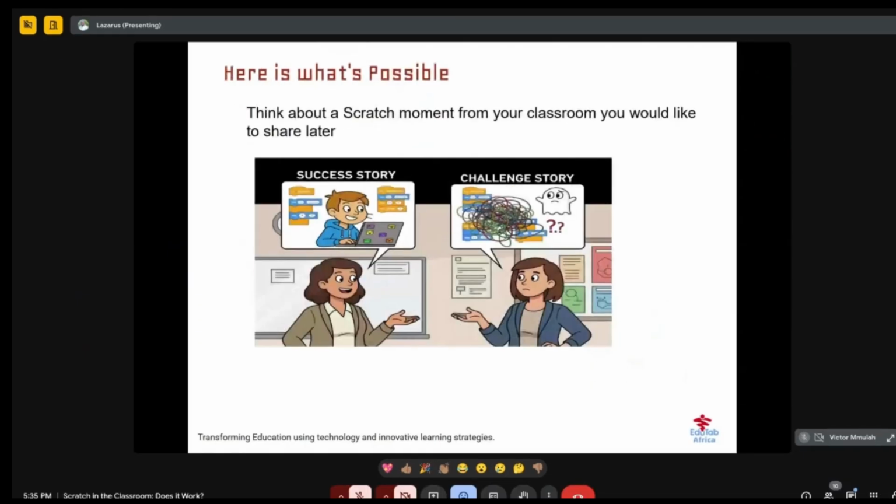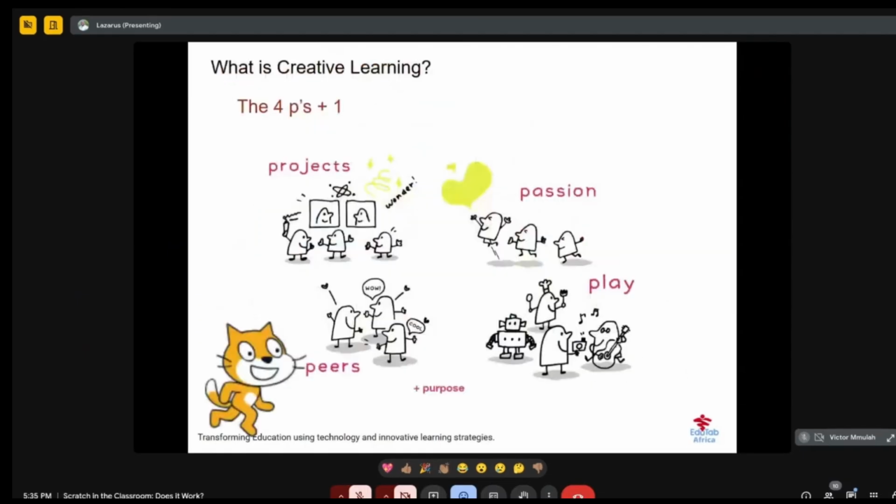There are these particular slides that I omitted at some point because I was also hoping that they would come up. And just to take the last point that Humphrey has mentioned, he's talked about passion, and how important passion is when it comes to using Scratch in the classroom.